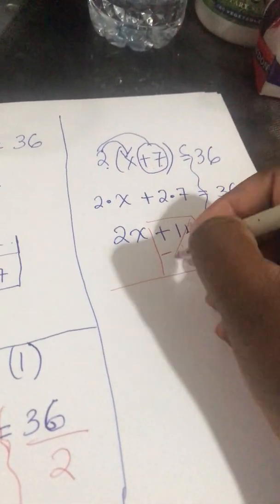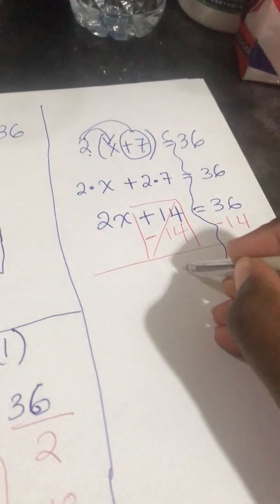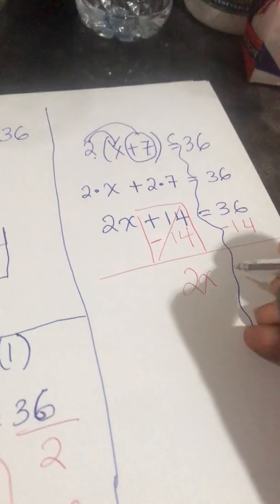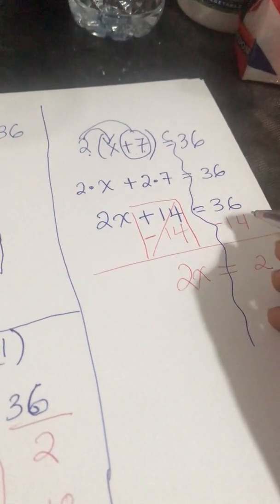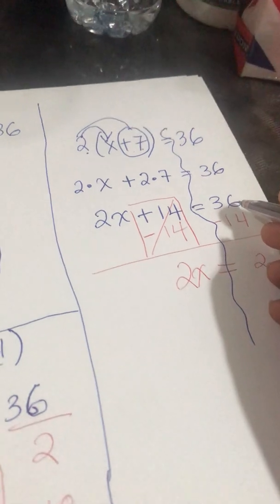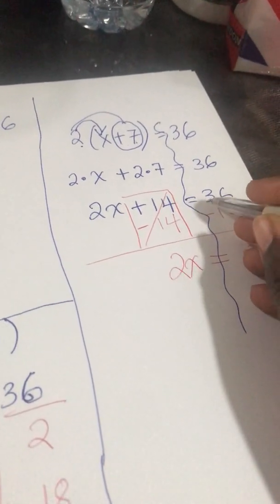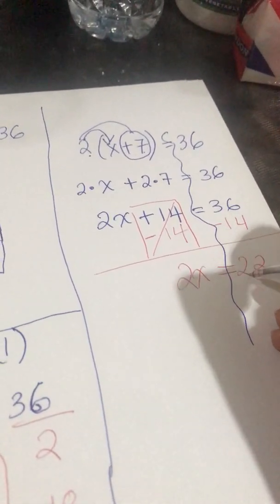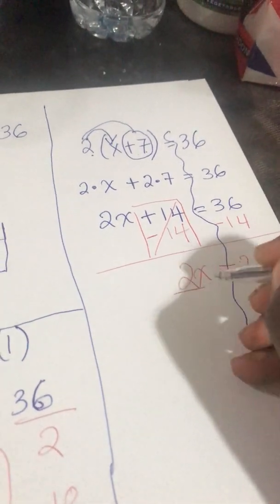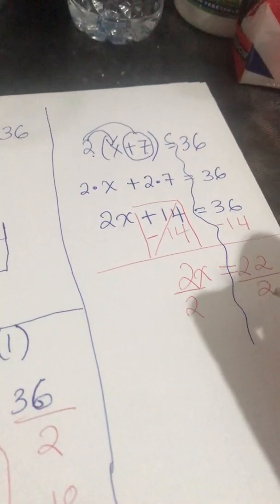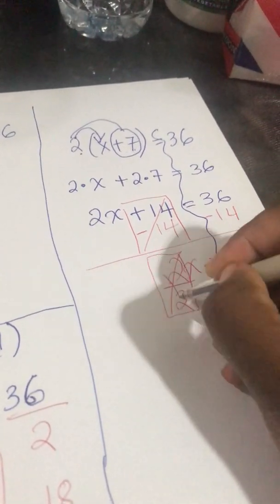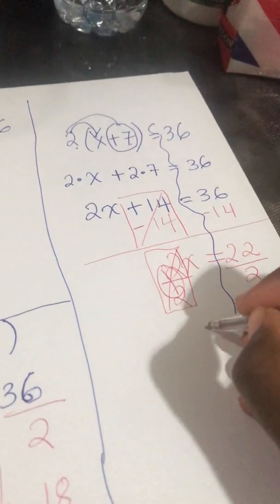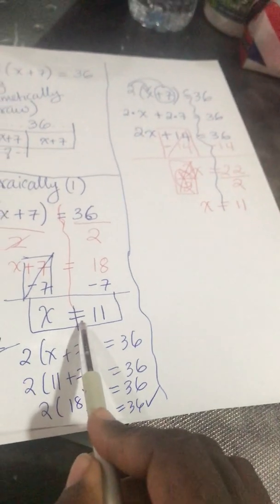This goes away. Then you have 2x equals 36 minus 14: 6 minus 4 is 2, 3 minus 1 is 2, so 22. Then you divide both sides by 2. This 2 goes away. You're left with x equals 11. And that is what we got here.